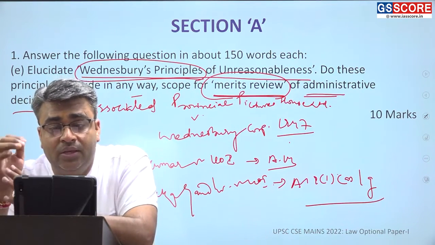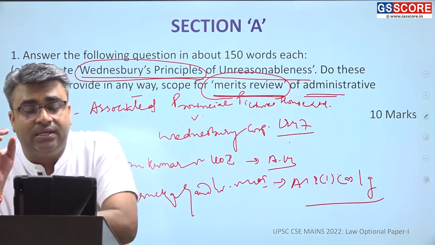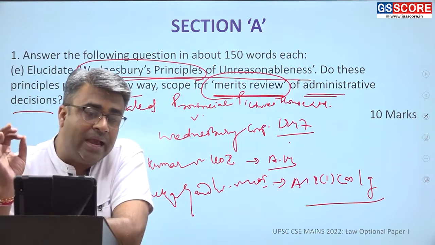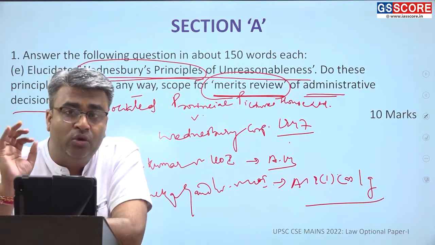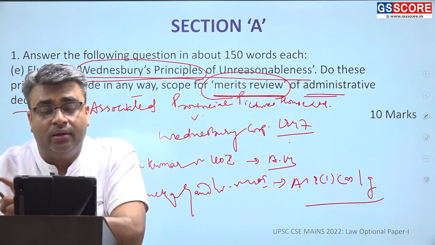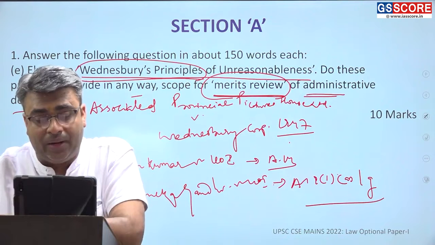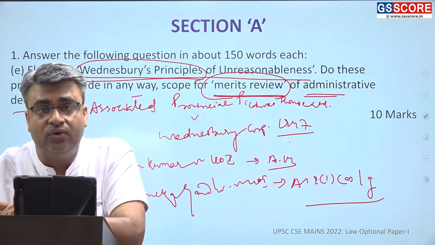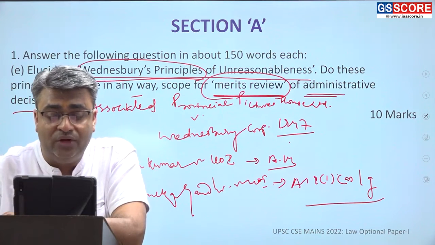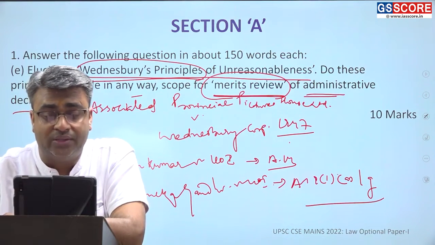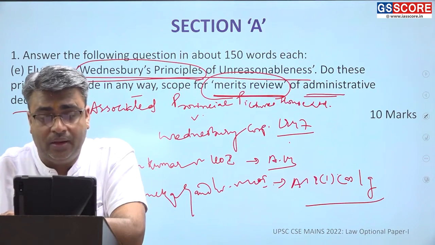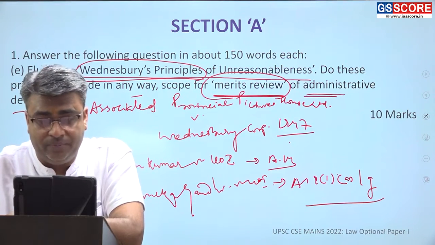While the purpose of this Wednesbury principle is basically that the decision of the administrative machinery should be reasonable in a given situation, which a reasonable man can apply. Otherwise, that decision will become void. This kind of decision will not be valid. So, when we talk about this, you can say, Wednesbury principle and this proportionality test actually.